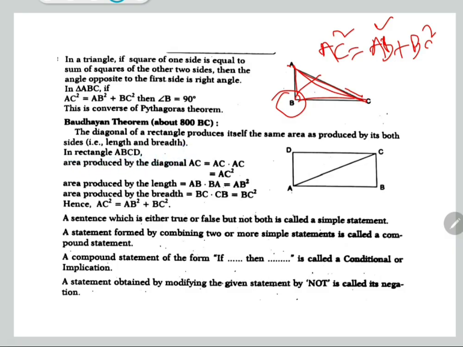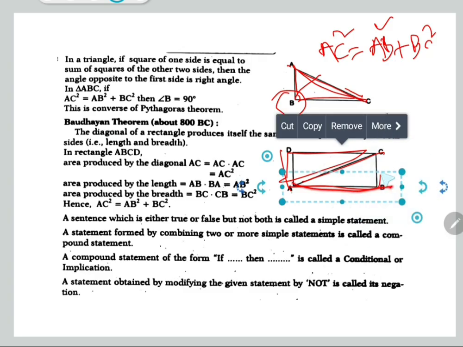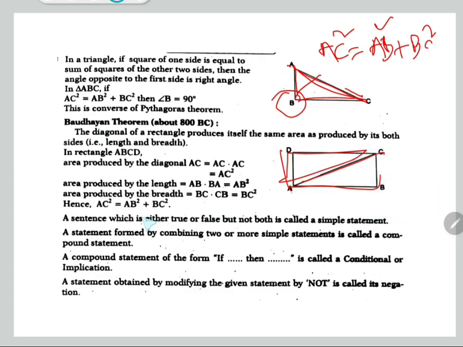In a rectangle ABCD, the area produced by the diagonal AC equals AC into AC, that is AC square, or the area produced by the length equals AB into BA, that is AB square, and the area produced by the breadth BC, BC and CB, that is BC square.